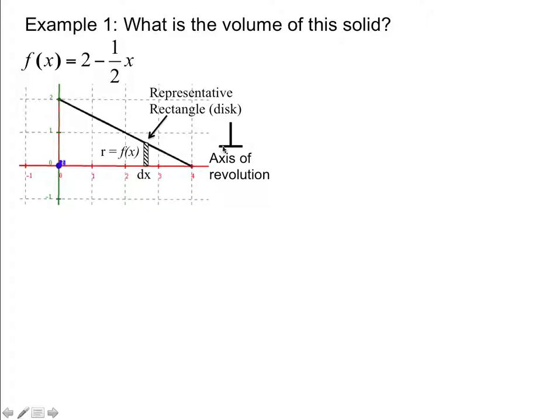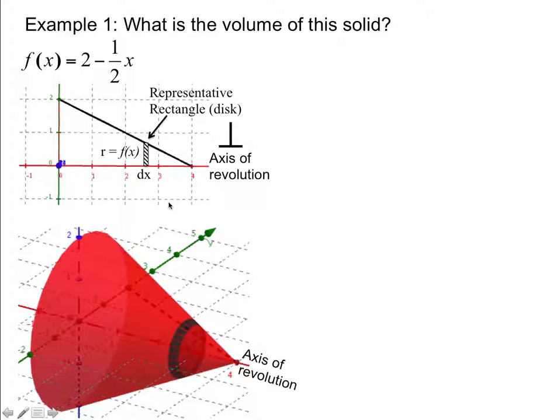Remember the perpendicular sign from geometry? So we're acknowledging that we're always drawing the rectangle perpendicular to the axis of rotation for this method. And then that's how we can get that disk when we spin that rectangle perpendicularly around that axis.